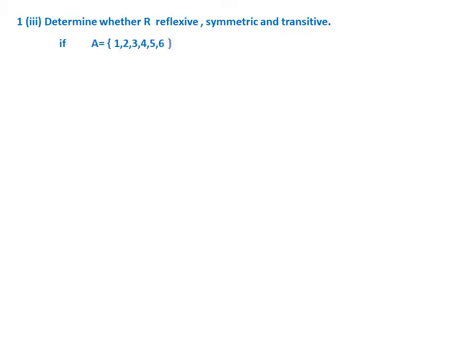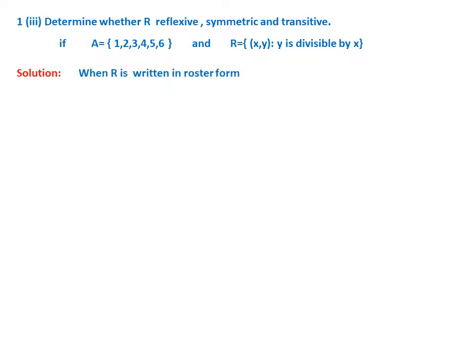Let us proceed. The third question, determine whether R is, same thing, reflexive, symmetric, transitive. A equals {1, 2, 3, 4, 5, 6} and R equals {(x, y): y is divisible by x}. So here also, first you have to write it in the roster form.